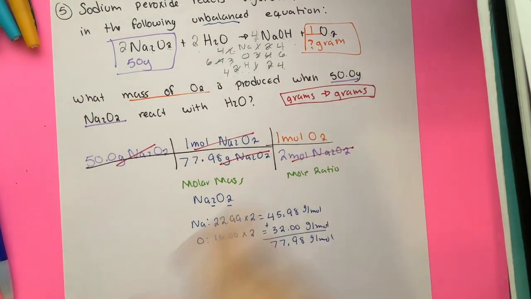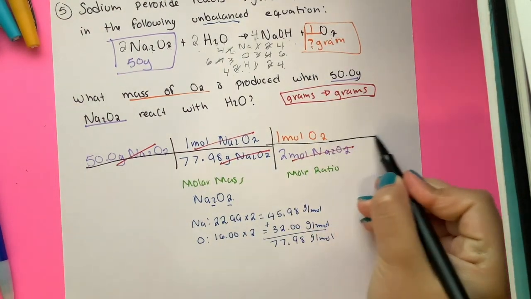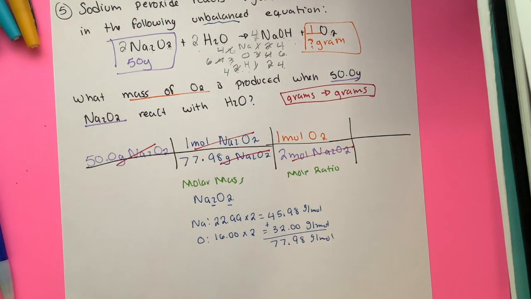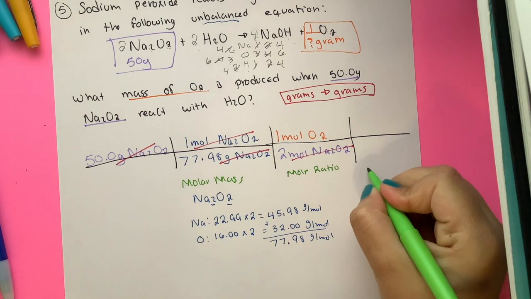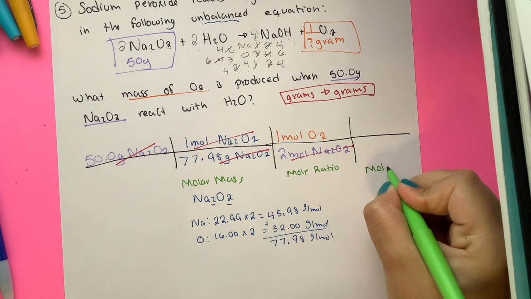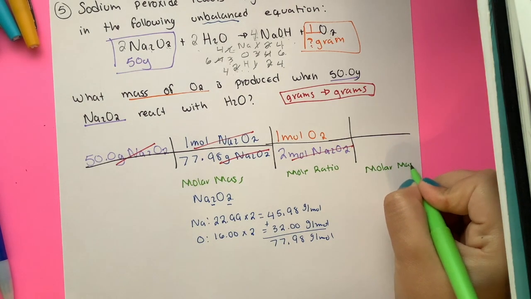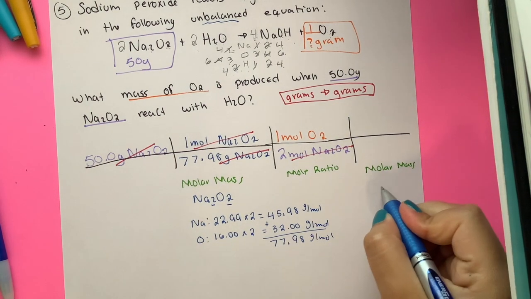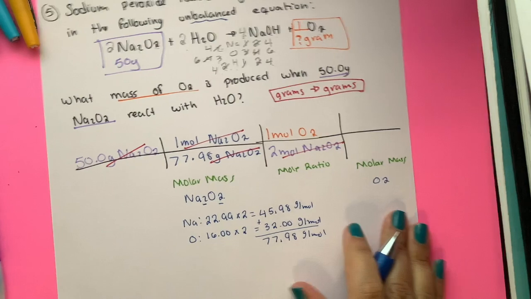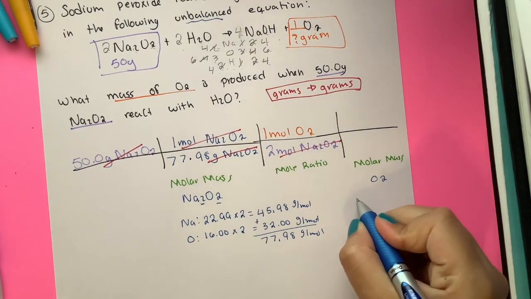asking me for grams. So I need one more step where I go from moles of oxygen to grams of oxygen, and I do that by using the molar mass of O2. Okay, not just of oxygen, but of O2. So there's 2.